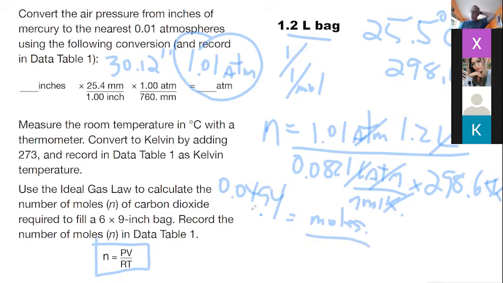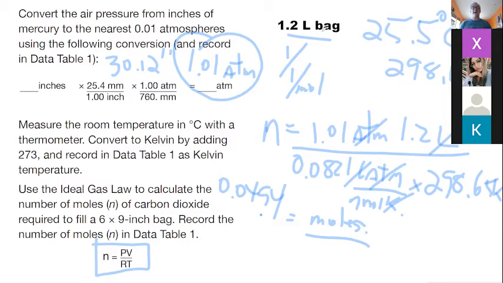So that's how many moles of CO2 should fill up our 1.2 liter bag at 25.5 degrees, where it's nice and toasty, and atmospheric pressure slightly above 1. So now we have our moles of gas that we need.